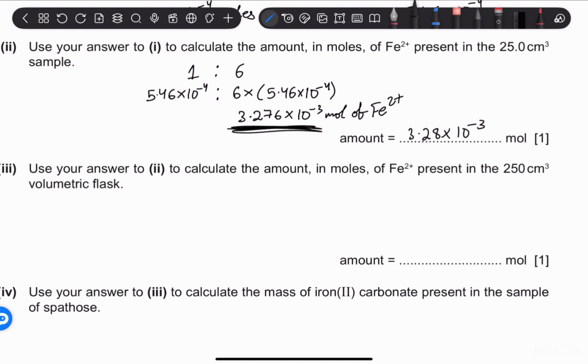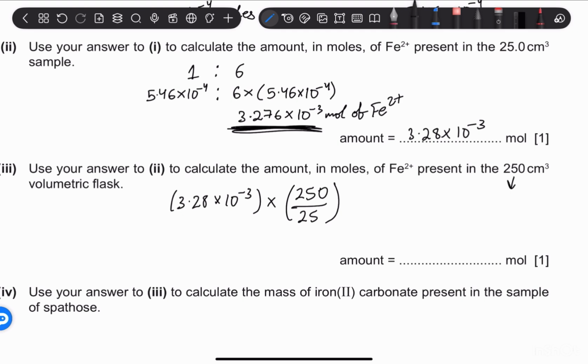To calculate the moles in the 250 volumetric flask, we multiply the moles in the 25 cm cubed by a factor of 10, or to make it simpler visually, 250 over 25, because that is the factor you multiply by.